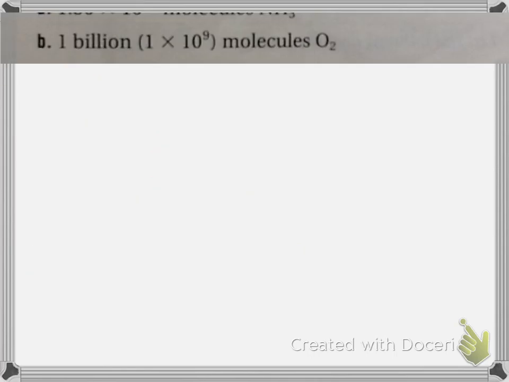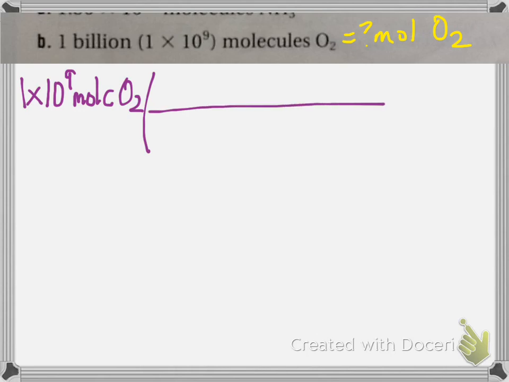Letter B, again, we're asking to take this and figure out how many moles of oxygen this is. So again, I'm going to start with 1 times 10 to the 9th molecules of O2. Molecules of O2 have to go on the bottom. I can convert that to moles of O2 using Avogadro's number. 1 mole is Avogadro's number.